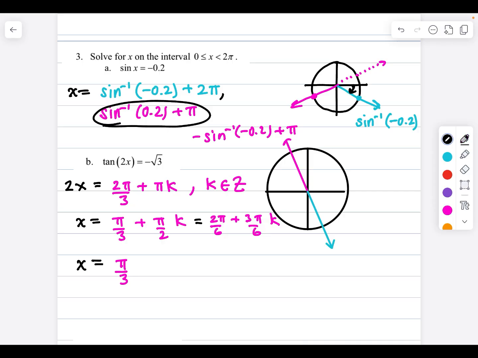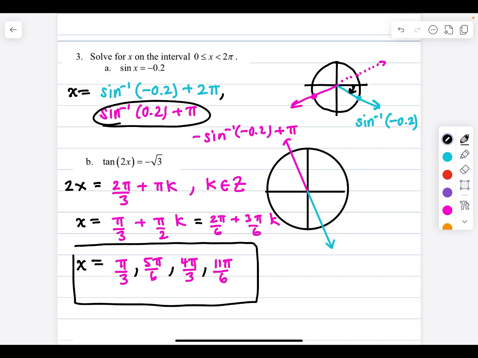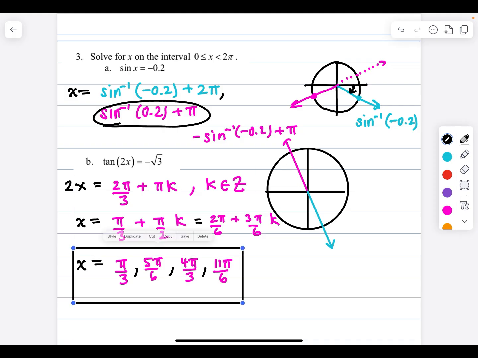So if k is 1, I'm going to get 2 pi over 6 plus 3 pi over 6 is 5 pi over 6. Add 3 pi over 6 again, I get 8 pi over 6, which reduces to 4 pi over 3. So 8 pi over 6 plus 3 pi over 6 is 11 pi over 6. And 11 pi over 6 is so close to 2 pi, so if I add pi over 2 again, I'm going to be out of bounds. I'm going to be bigger than 2 pi. So these are our 4 solutions.